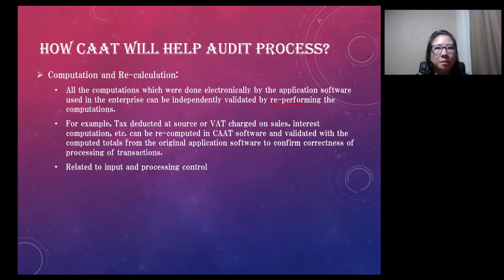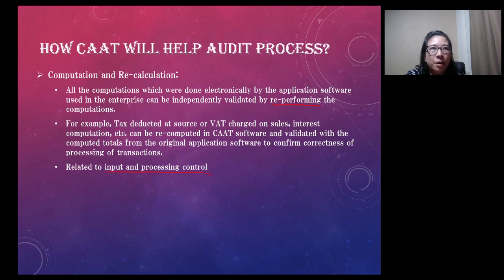If not the same, then we can revisit whether there is something wrong when we did the application implementation. So if you still remember, the computation and recalculation here is related to the input and processing control.